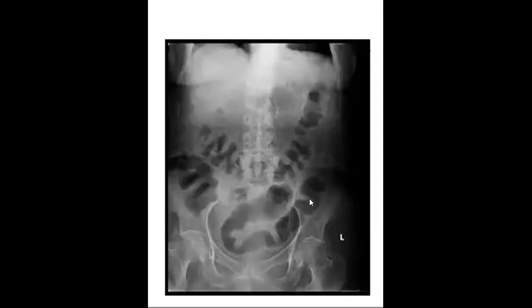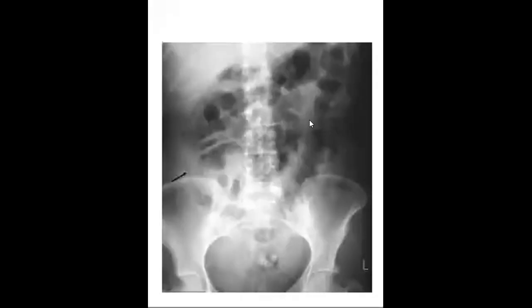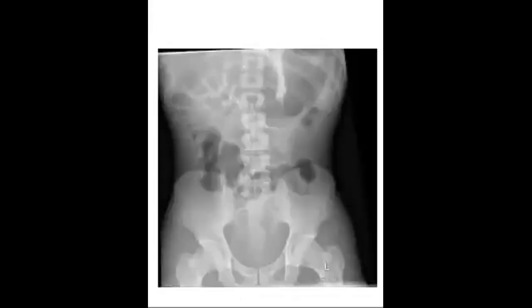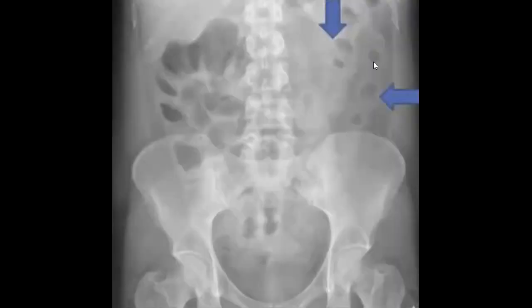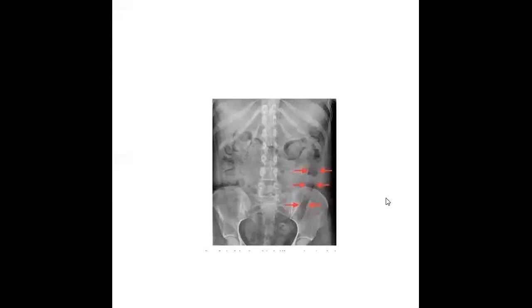Thumb printing colitis. Colitis, thumb printing. Colitis, thumb printing.